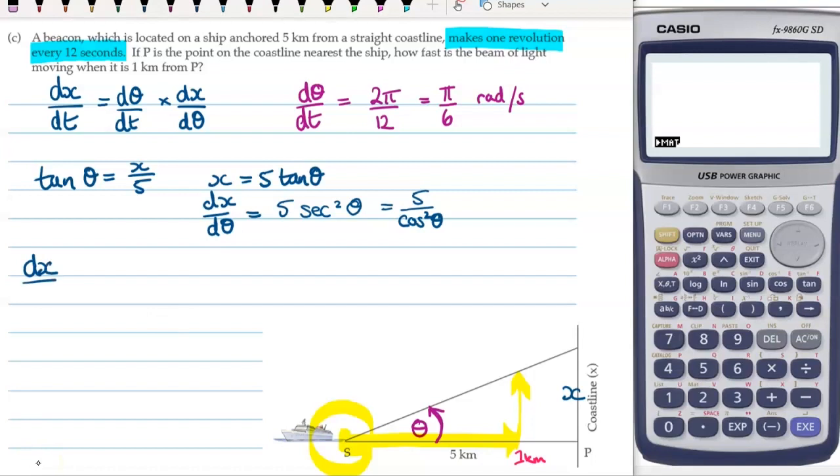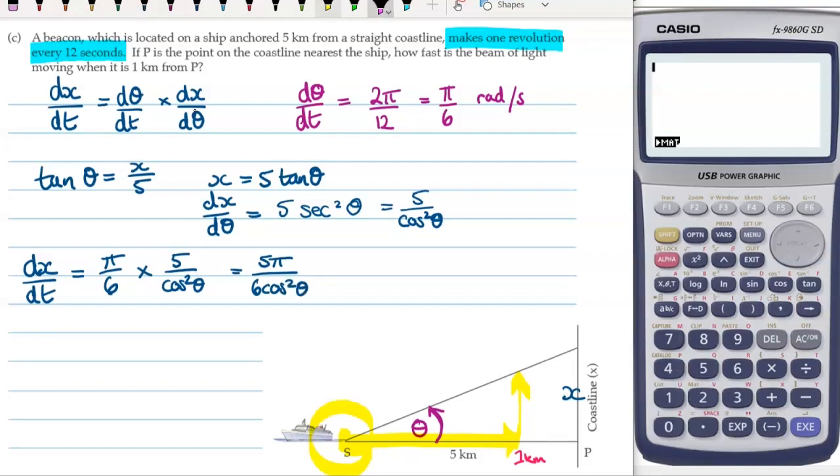So if we're working out dx by dt, we will be doing d theta by dt, which is pi by 6, multiplied by dx by d theta, using what we had up here. dx by d theta is 5 over cos squared theta. So this is 5 pi over 6 cos squared theta.